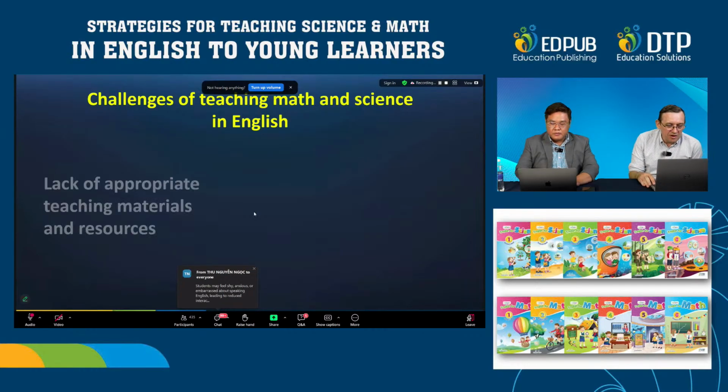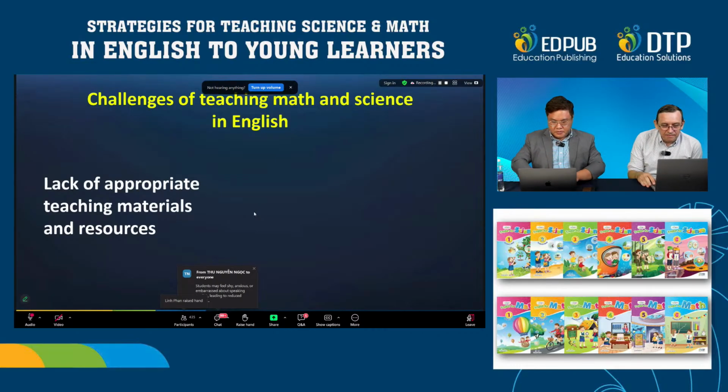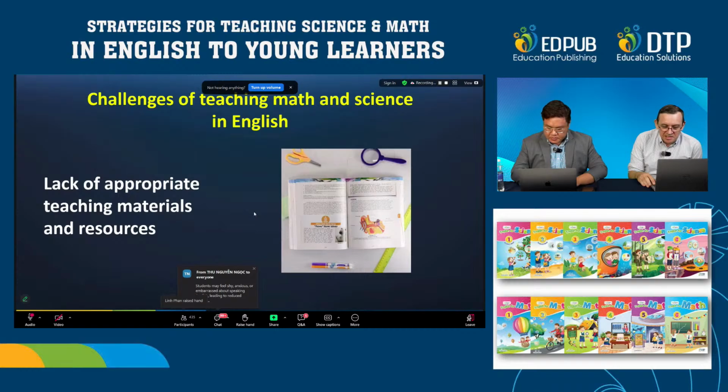So firstly, we've got a lack of appropriate teaching materials and resources. Most of the available math and science books tend to be aimed at native speakers and are geared towards the curriculum in their countries. So it's a challenge to find the right materials that are appropriate for your situation.